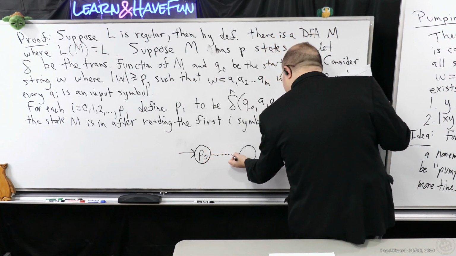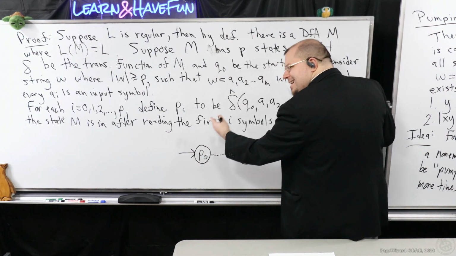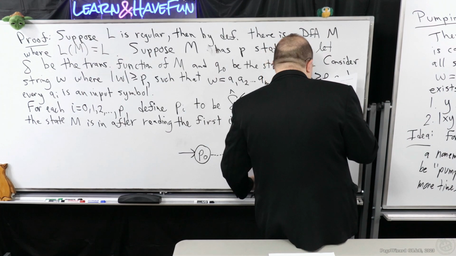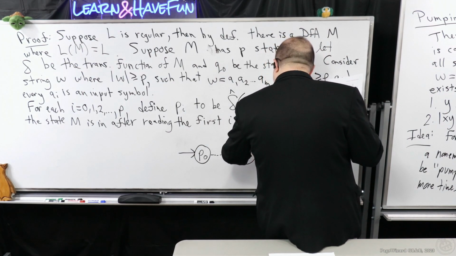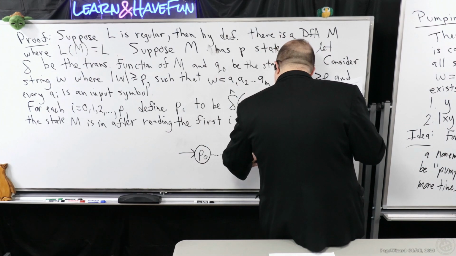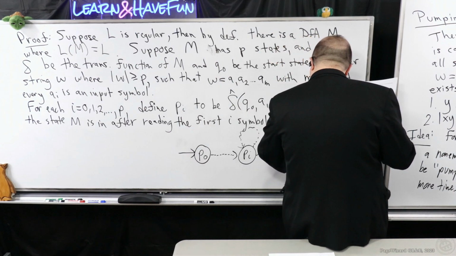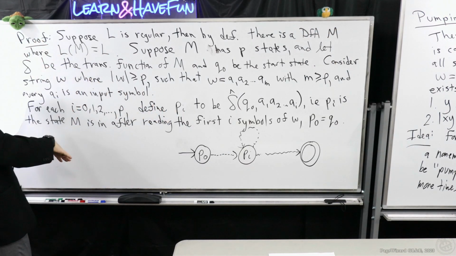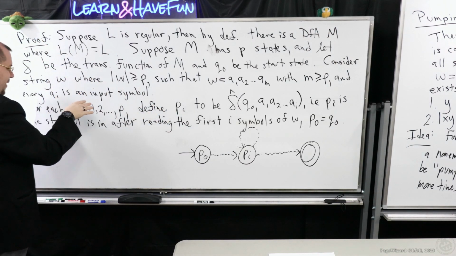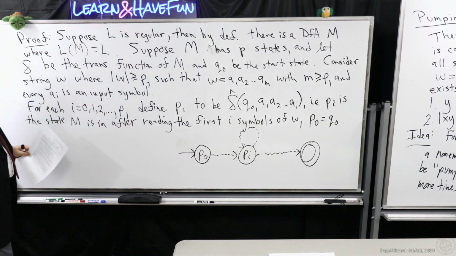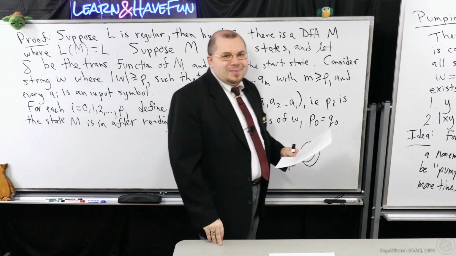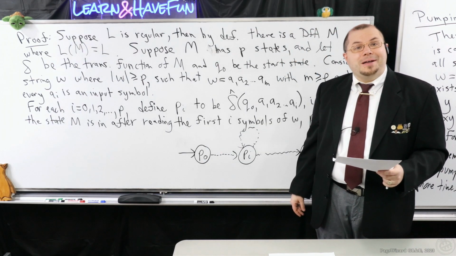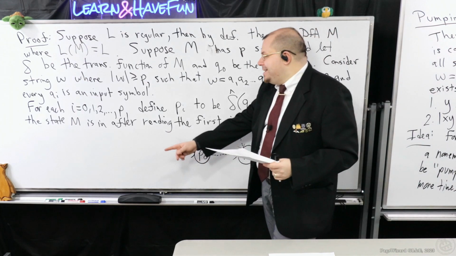Stuff happens in here, and then eventually I get to some state Pi. Maybe some other stuff happens, and then I go from there to the final state. So please note how many states I have just labeled here. How many are there? Are there p that I've labeled, or is it p plus 1? Take note of the indexing I used here.